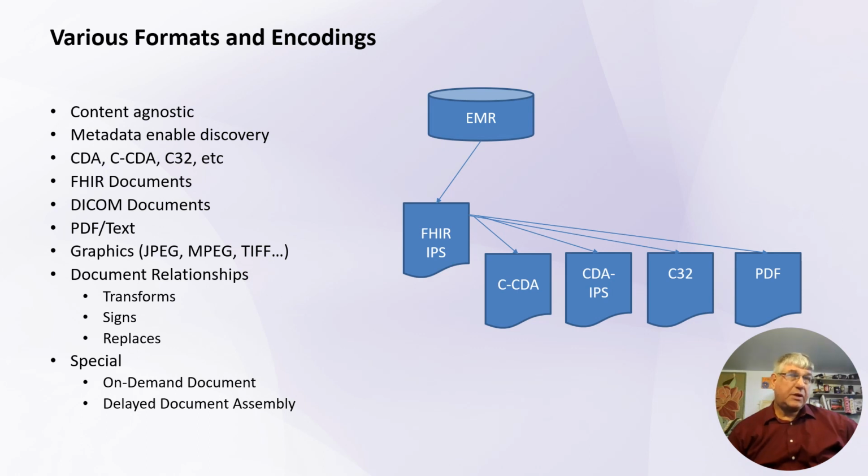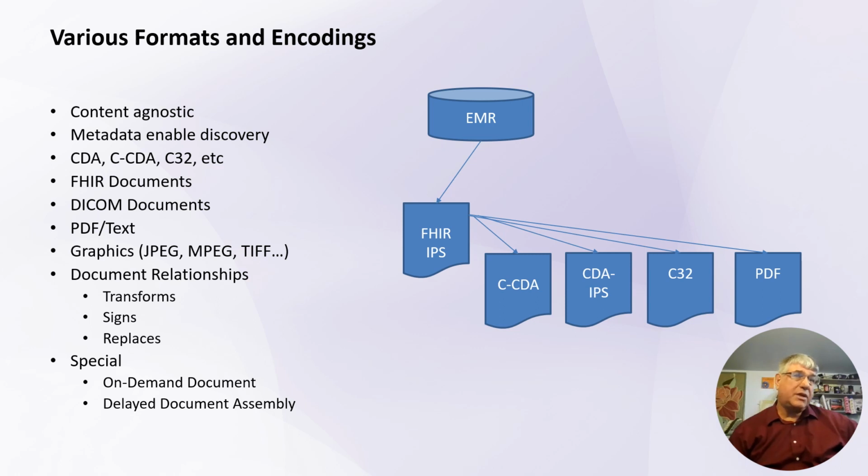So document sharing from its very beginning was intended to be very format agnostic, so content agnostic. The metadata is there to describe what the content is, so the metadata would describe what kind of content it is, including things like that this is a CCDA or a C32.